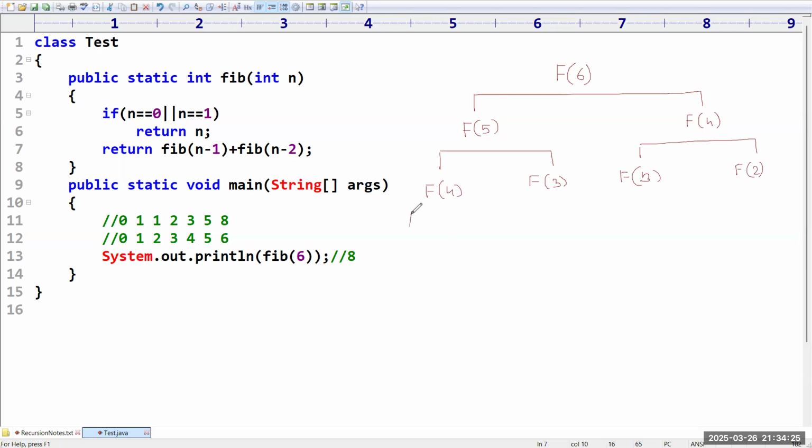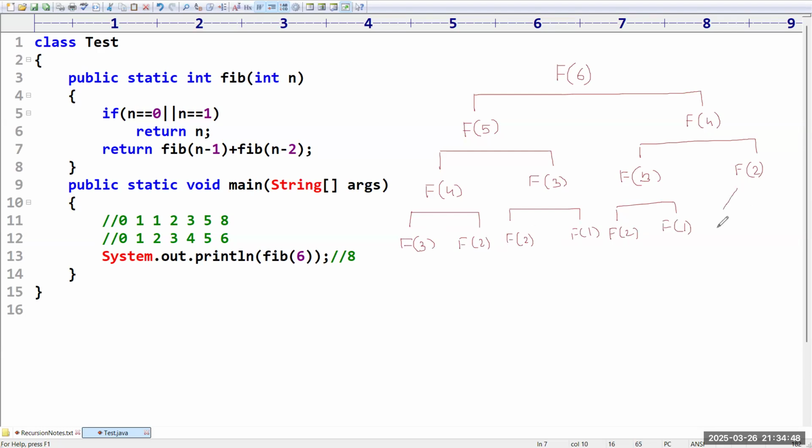Now for f of 4, it will again be expanded to f of 3 and f of 2. For f of 3, it will be expanded to f of 2 and f of 1. For this f of 3 also, f of 2 and f of 1.